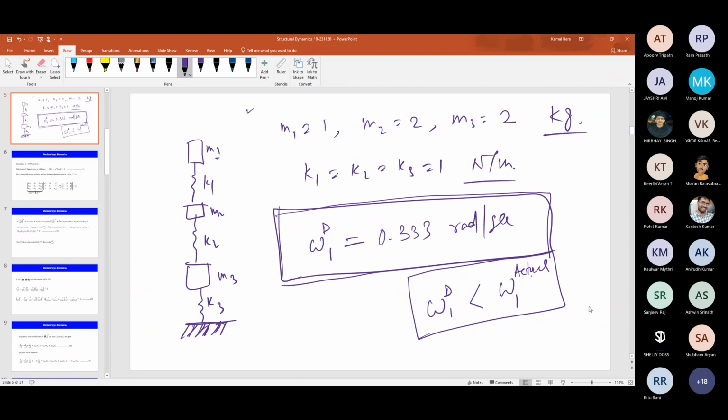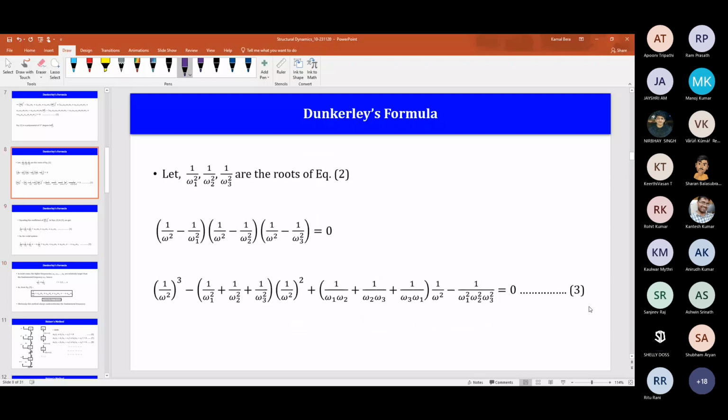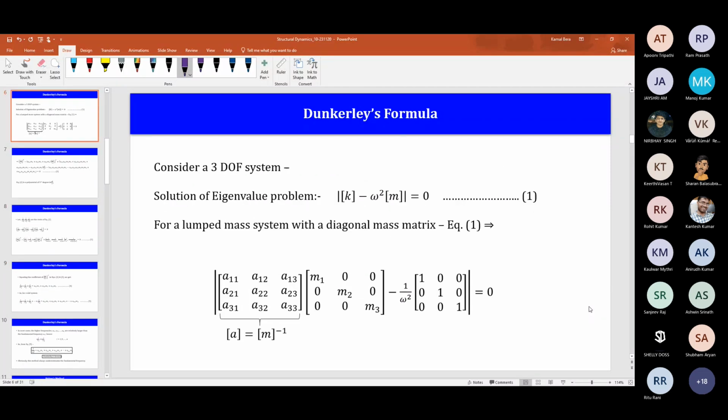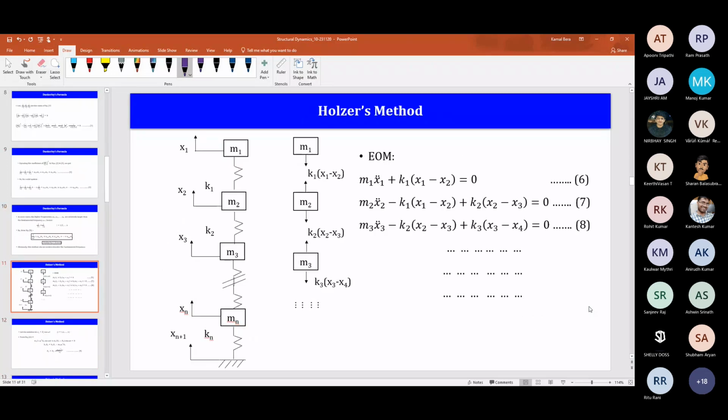You can find the exact fundamental frequency, and you will find that what you obtain using Dunkerley's method is lower than the actual value. Here in the PPT I have given it for a 3 degrees of freedom system. You can go through it. It is a similar one. Now coming to the Holzer method.